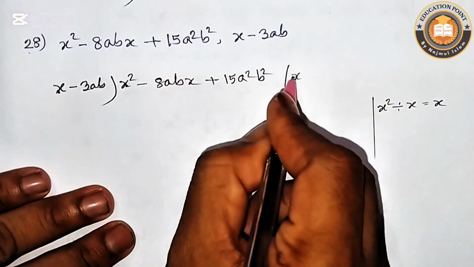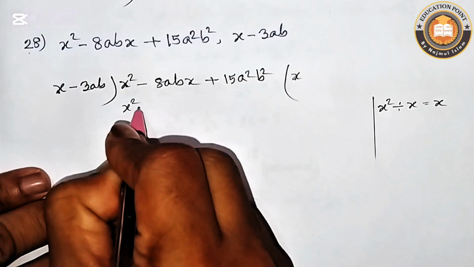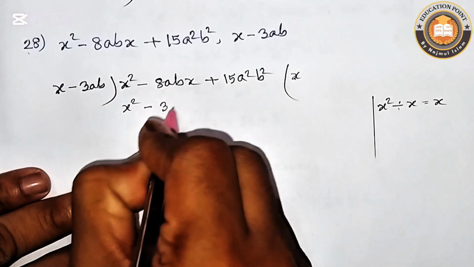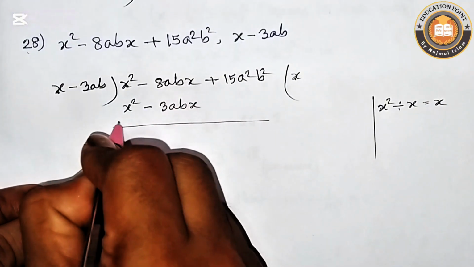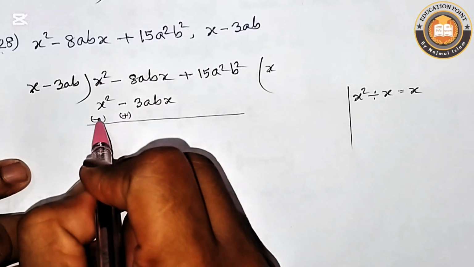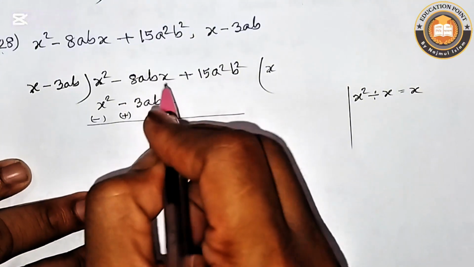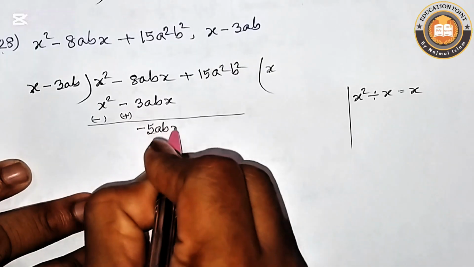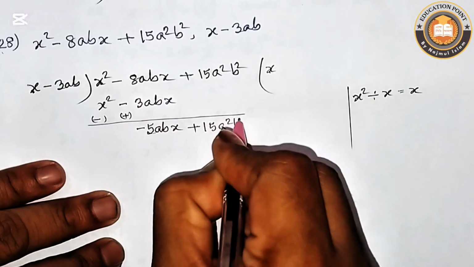That means x multiplied with x equals x square, then x multiplied with minus 3ab equals minus 3abx. According to the division law, their symbols will be changed. Plus x square minus x square equals 0. Subtracted value of minus 8abx plus 3abx equals minus 5abx. Then plus 15a square b square.